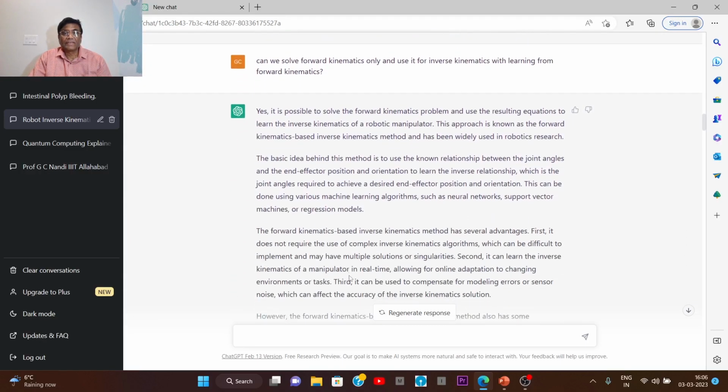Then also I was interacting with it. Can you solve forward kinematics only and use it for inverse kinematics with machine learning algorithms?